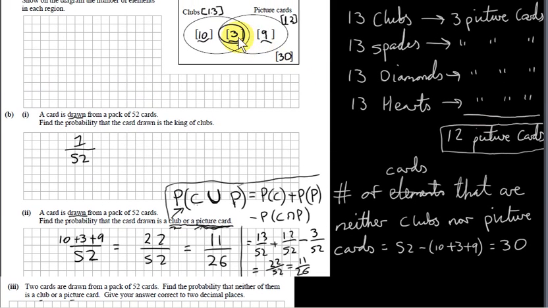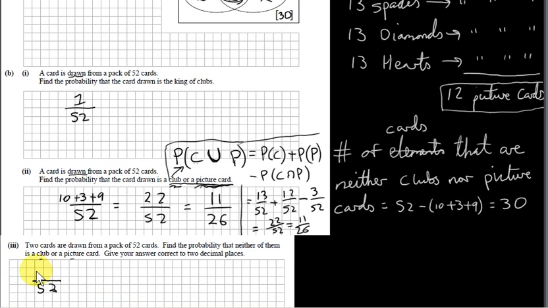Well, we can get that from our Venn diagram. We've already worked it out actually. We worked it out here. There are 30 cards that are neither clubs nor picture cards. I have it written down here, number of cards that are neither clubs nor picture cards is 30.